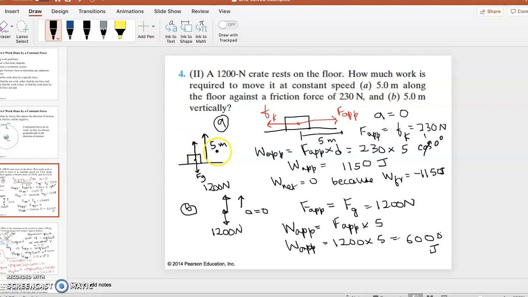So you can say the applied force is 1,200. The distance is 5, also the angle is 0, which gives cosine equal to 1. So this is the work required to move the object vertically.